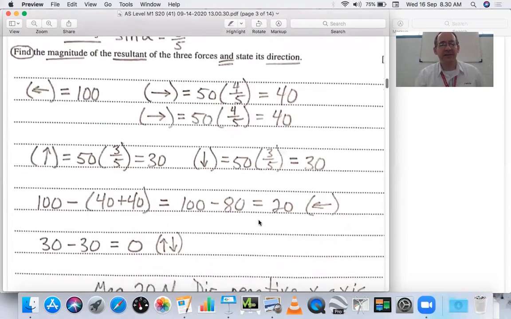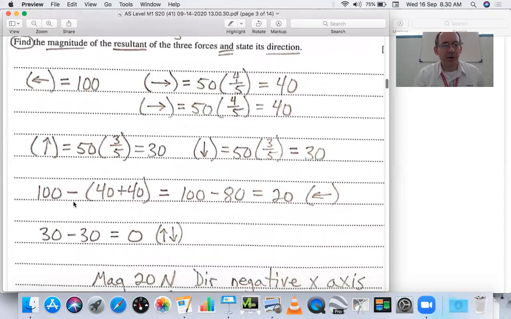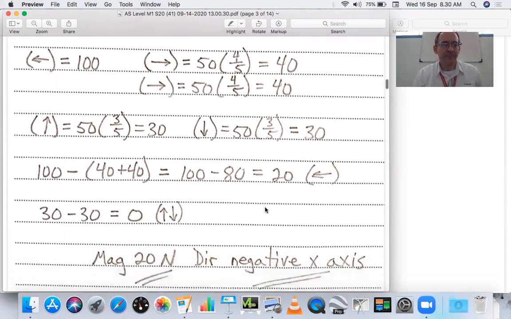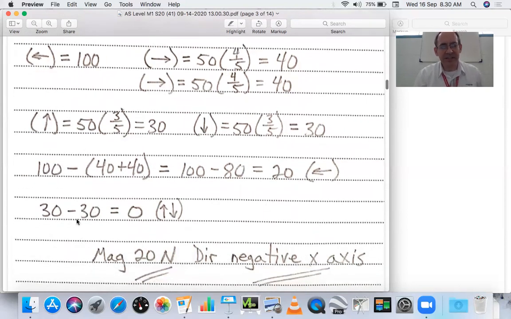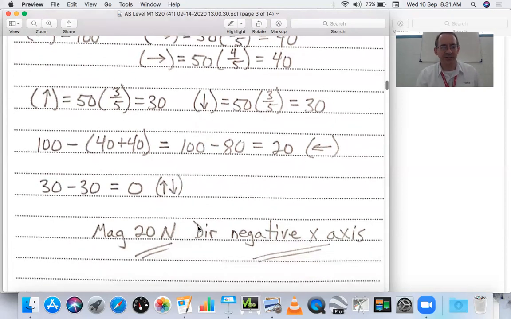So when we combine these into a resultant for the horizontal forces, the 100 is larger, so we put that first, minus the 2 40s. So that gives us 100 minus 80, which is a 20 Newton force in the negative x-axis direction to the left. And when we resolve the forces vertically, it comes out to 0. So in other words, they're completely balanced, the up and down forces.